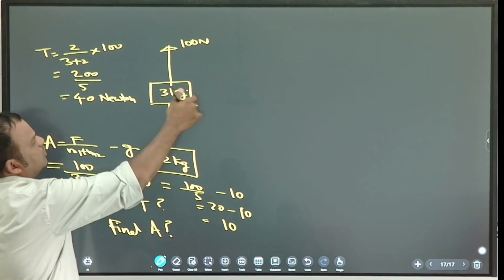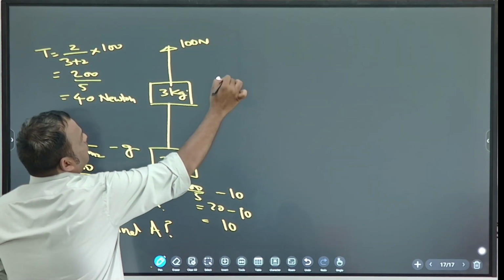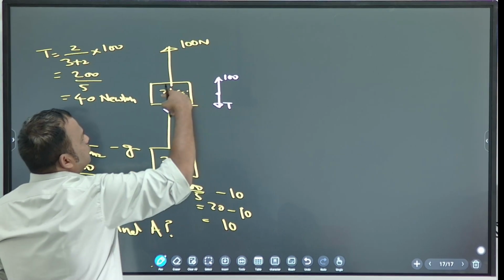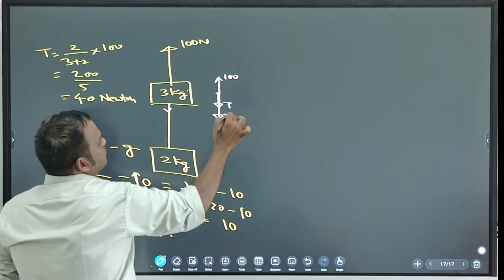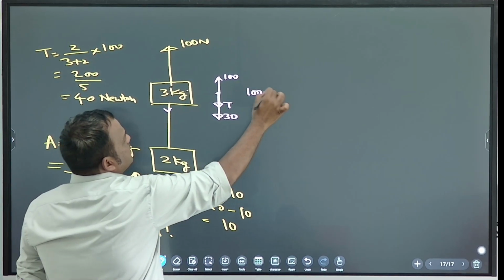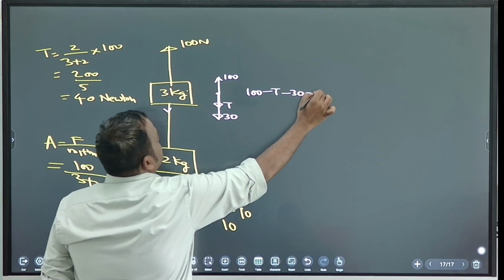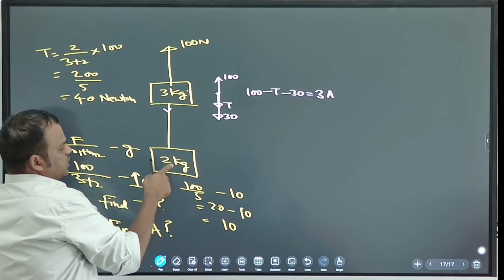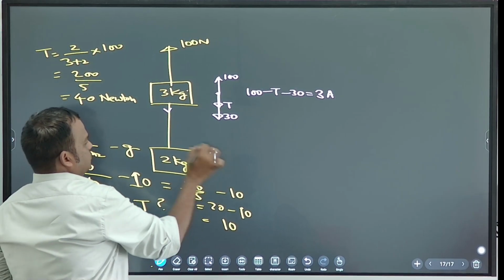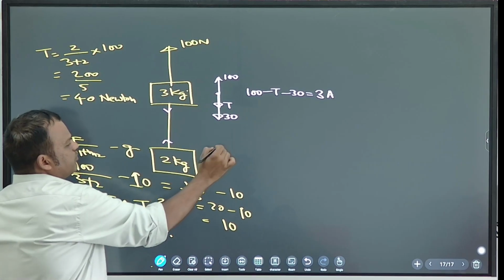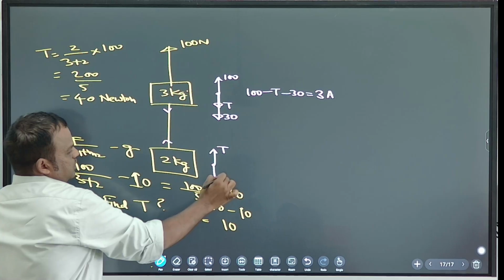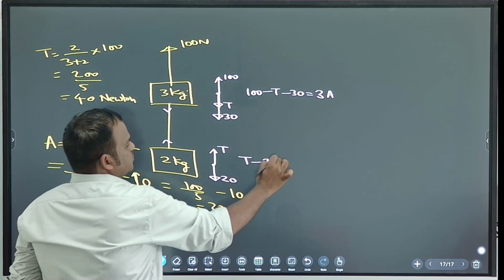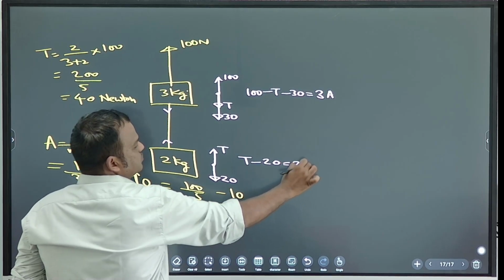Suppose you want to apply the concept. Here the upward force is 100, and the downward forces are the tension and the weight, 30. So you write 100 minus T minus 30 is equal to ma. And for the 2 kg block, tension T is upward and 2g is downward. So T minus 20 is equal to 2a.